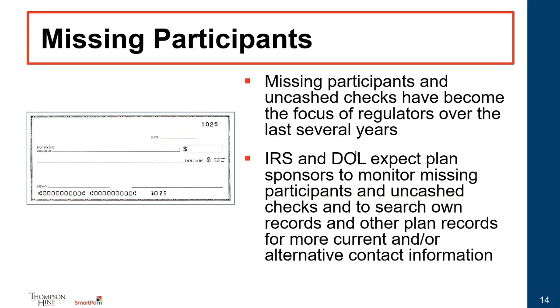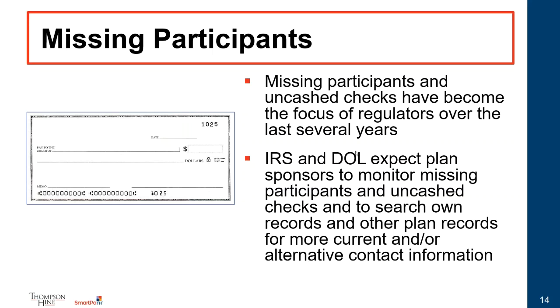The other consequence of having people that can't be located is you start to run into issues when it comes time to require a commencement of distributions or a payment of benefits from a plan.